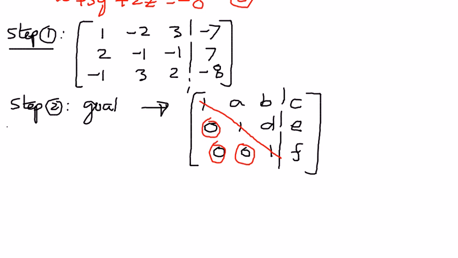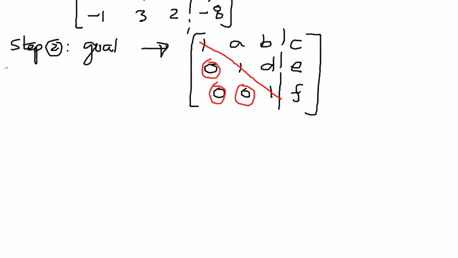Then we can read out the value of z, back substitute to find the value of y, and then back substitute again to find the value of x. So let's get this process started.